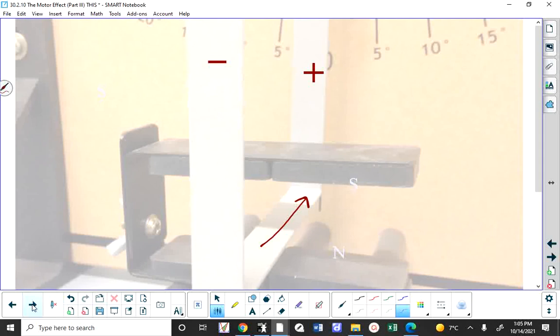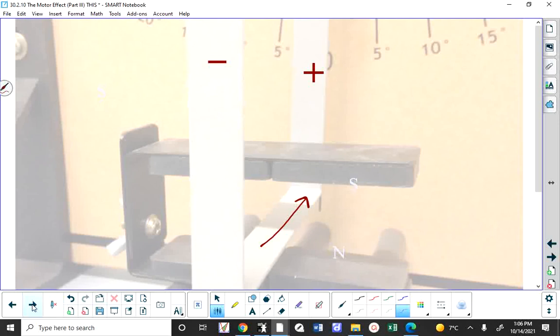Well, conventional current is away from the negative. I know it says 0, but I don't trust it. Away from the negative, sorry, towards the negative. That's better. So it's this way. So which way should this be forced?